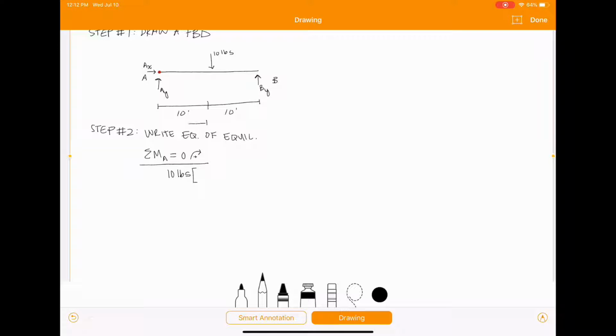So the perpendicular distance is going to be that distance right there, which is 10 feet. Now, as this force pushes down, the beam is going to want to rotate clockwise around point A, so therefore this is going to be positive.